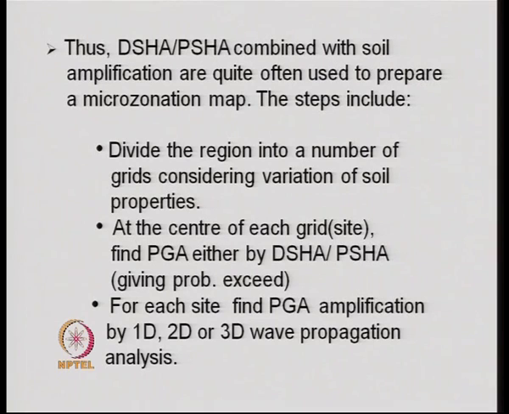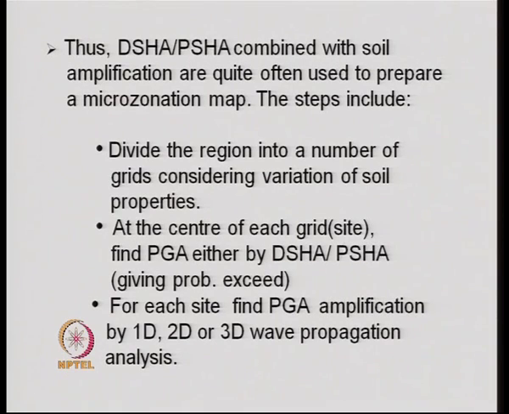DSHA or PSHA combined with soil amplification are quite often used to prepare a microzonation map. The steps include: divide the region into a number of grids considering variation of soil properties, as I have shown here. Then at the center of each grid, find PGA either by DSHA or PSHA procedure, giving the probability of exceedance in the case of PSHA.